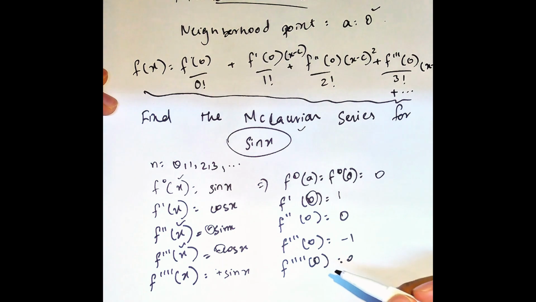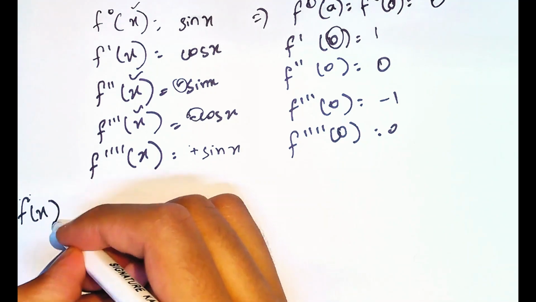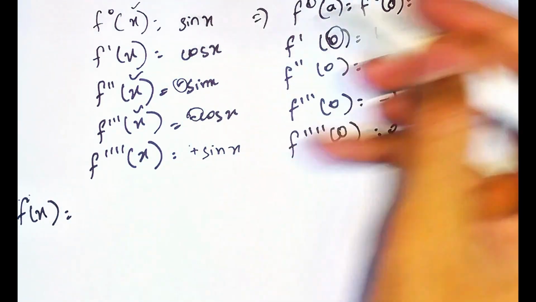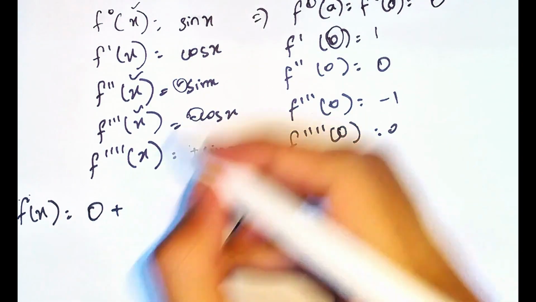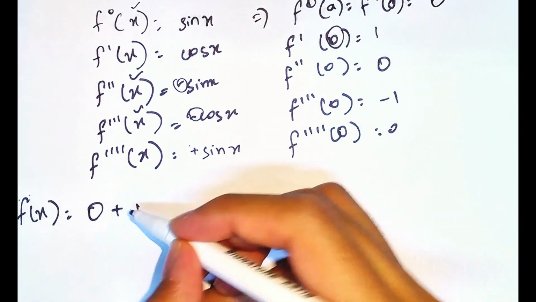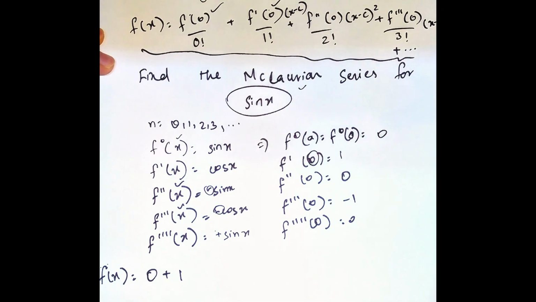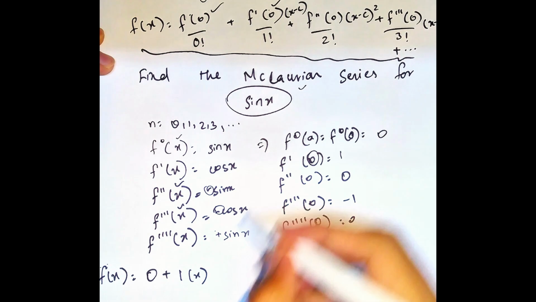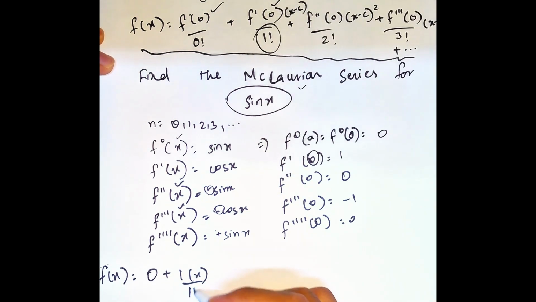Now let's write the Maclaurin series, and here's the formula. I would like you to write this formula on your own and then check my solution. The function will be equal to the 0th derivative, which is 0, plus the first derivative at 0, which is 1, times x minus c, where c is 0, so we can write x divided by the first factorial.